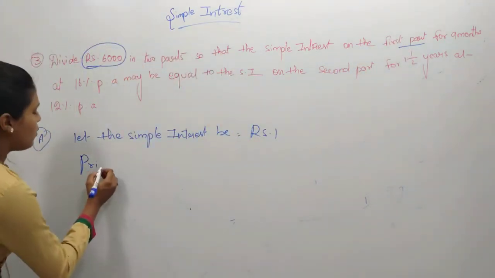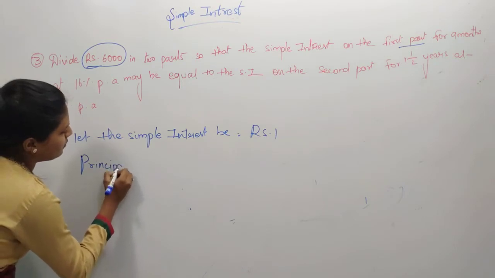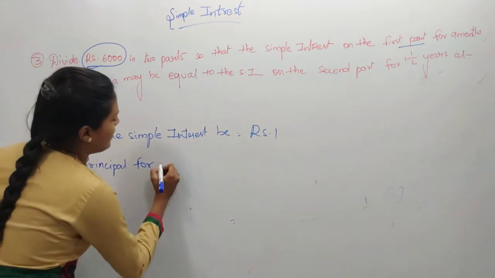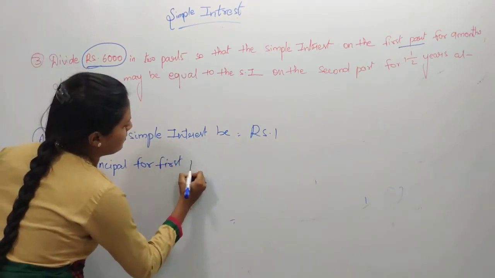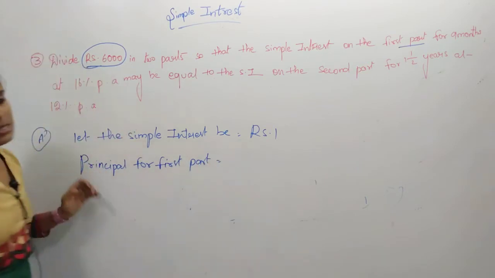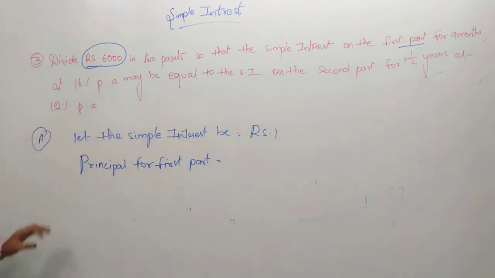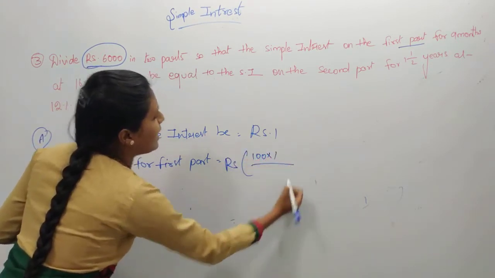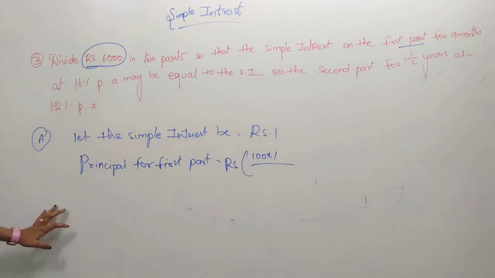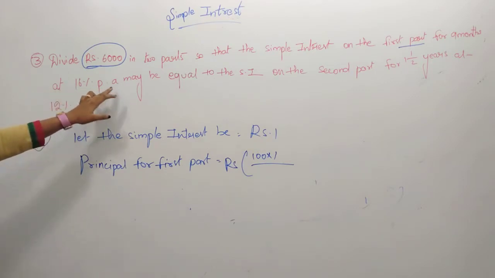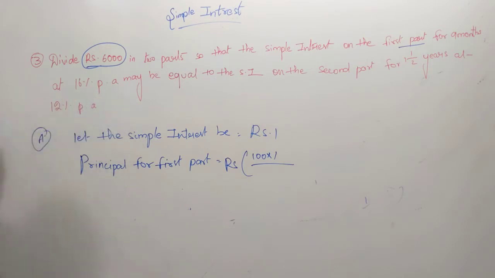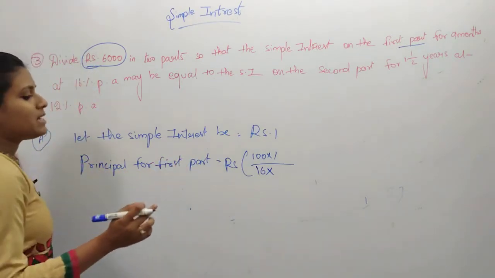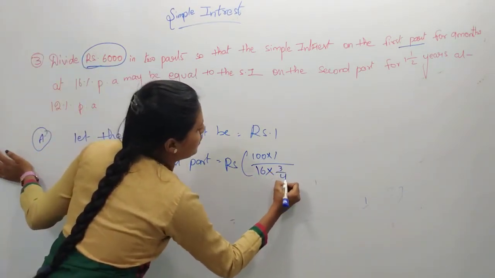Principal for the first part: rupees 100 into 1 by, how much per annum is given? 16%. 16 into 9 months, which means 3 by 4 of a year.